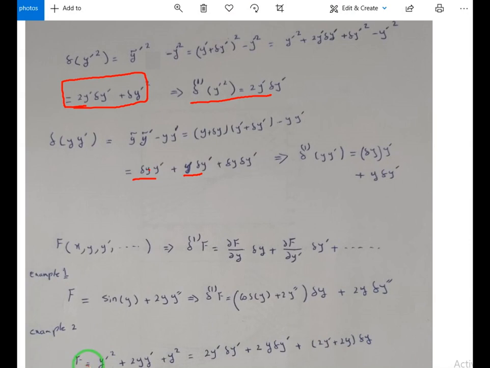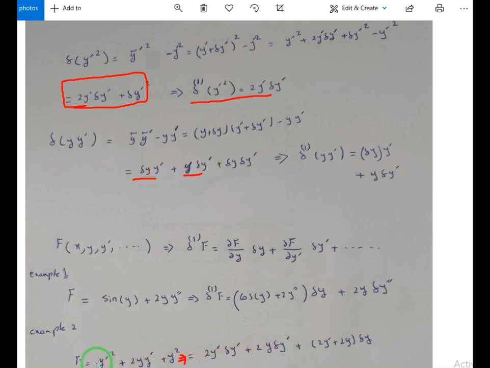We have f is equals to y dash by 2 plus 2y y dash plus y by 2. Okay, if I want to calculate the first variation of f, I can easily show that the first variation of f is equals to partial derivative of f with respect to y dash multiplied by delta y dash.